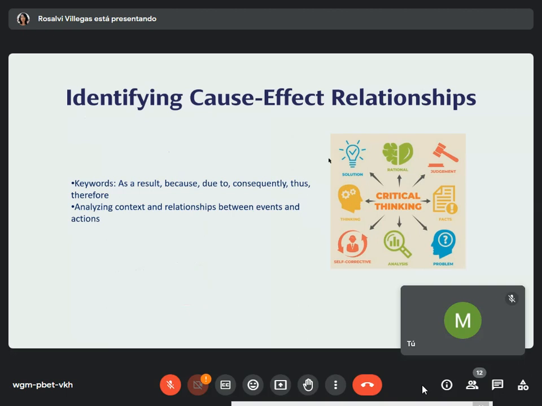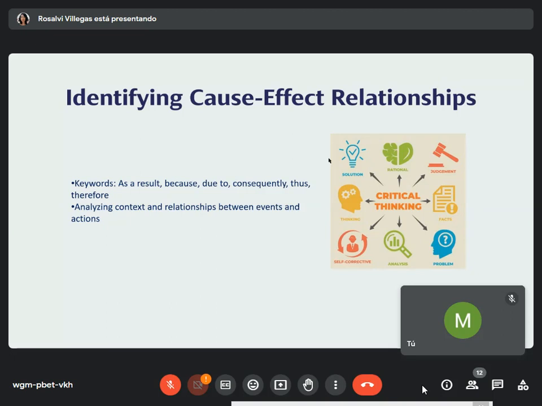So, how do we identify cause and effect relationships in a text? Which are the words that can make us realize that we are talking about a relationship between two situations, because the first one causes the other one?